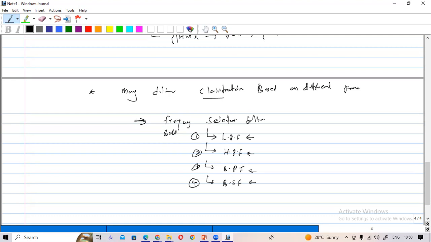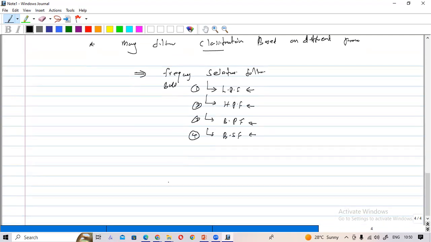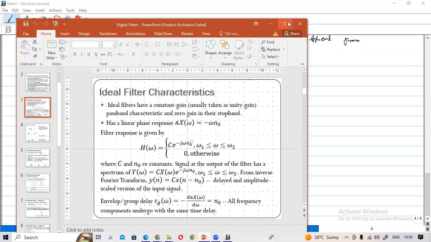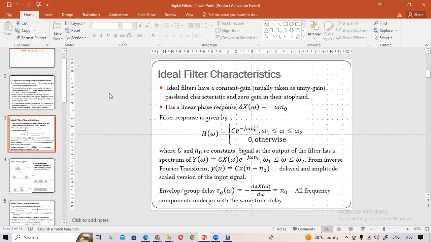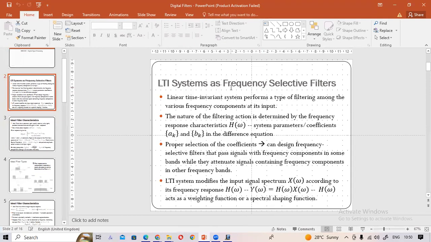When you refer to Dr. Udesh's lecture notes, you can see that we are using frequency selective filters, and this is the story I have explained.